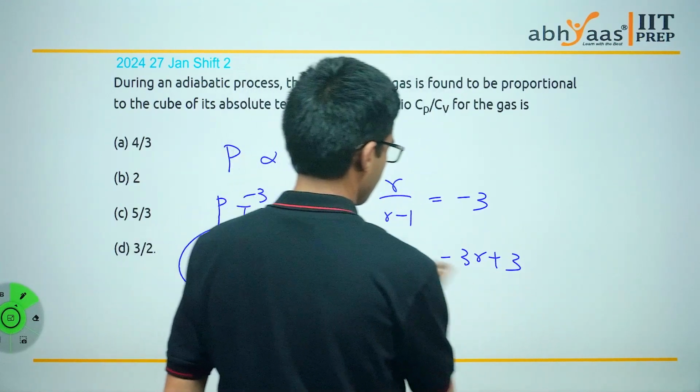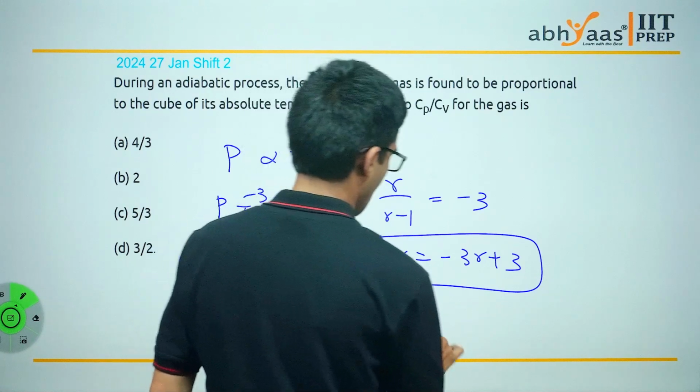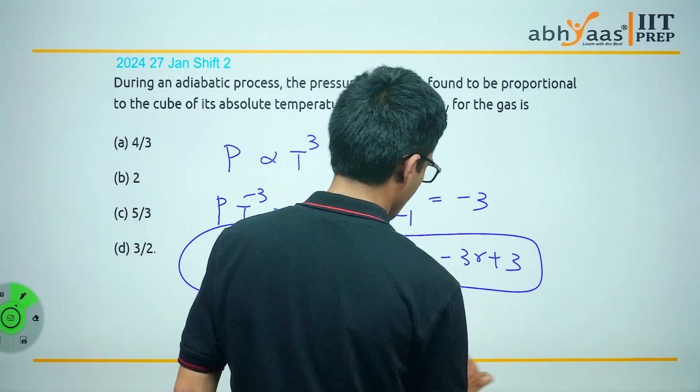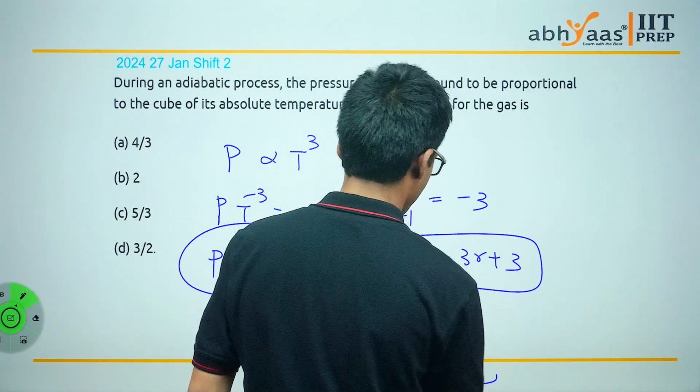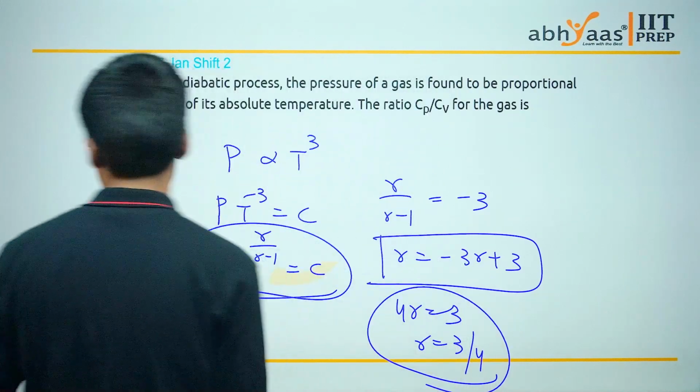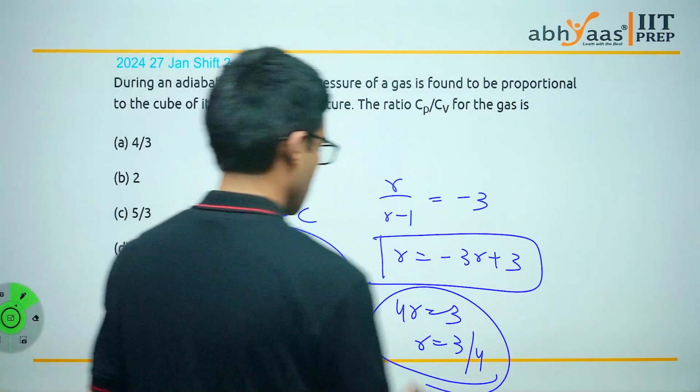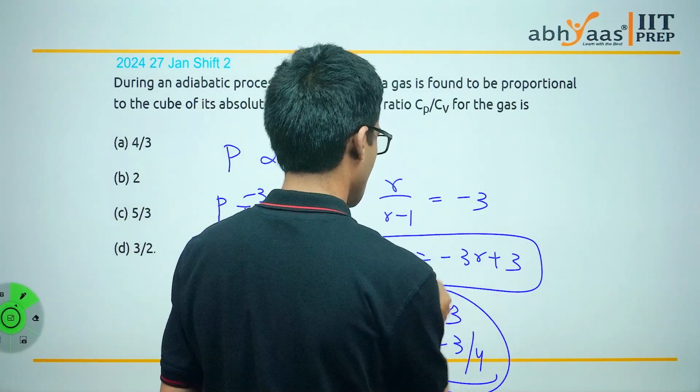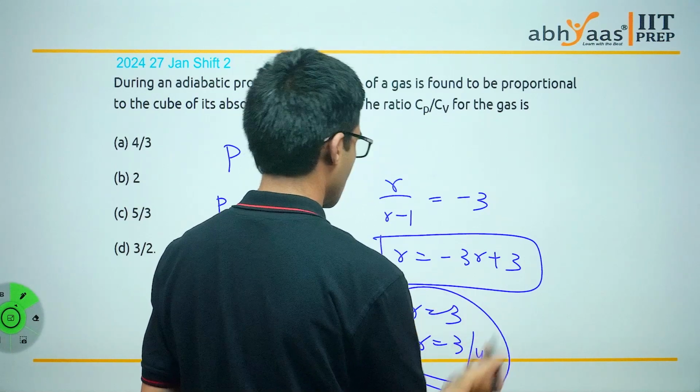What you are getting is 4 gamma equal to 3, gamma equal to 3 by 4. So this is the answer. Just check it: 4 gamma equal to 3.